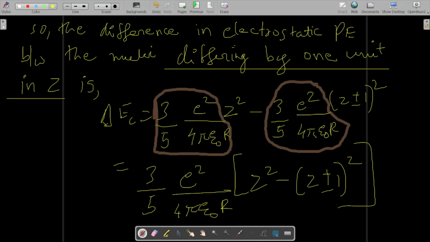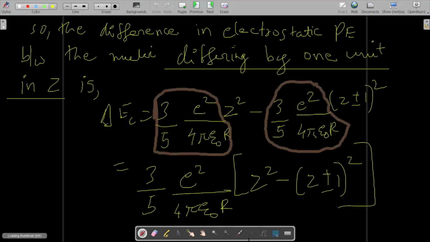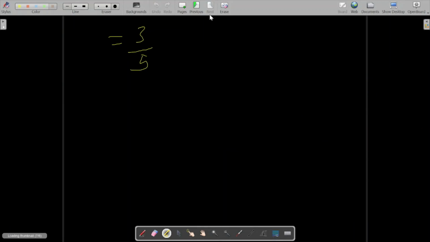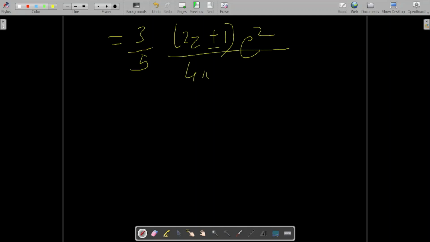Then if you simplify this expression by using the formula a plus b whole square, it will be something like this: 2Z plus or minus 1, depending on whether you took plus or minus, into E square divided by 4 pi epsilon naught r. So this is your equation number 2.